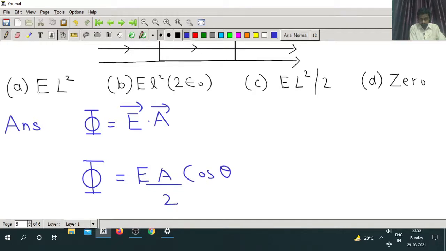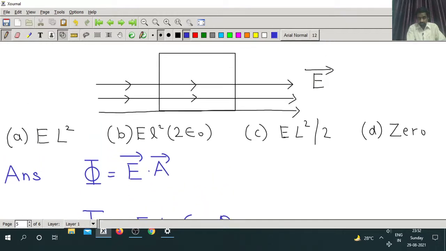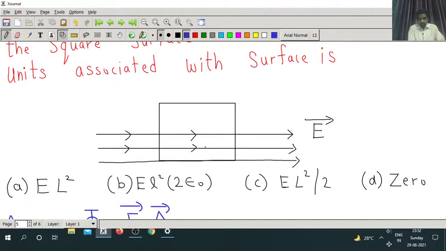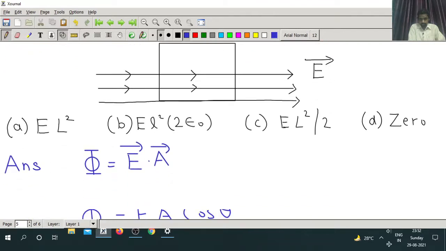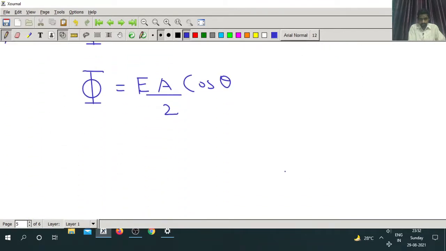Now what is theta over here? Theta is the angle between the A vector and the E vector. How is the A vector drawn? It is drawn perpendicular to the area. So when we draw it perpendicular to the area, the angle between area vector and E vector is 90. So naturally theta will be 90 over here.